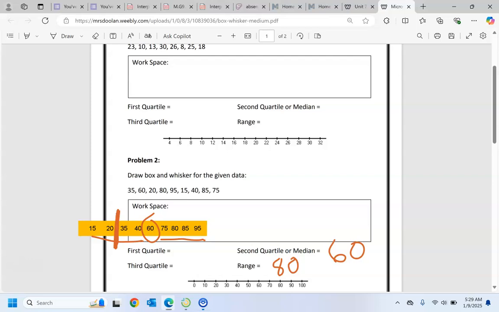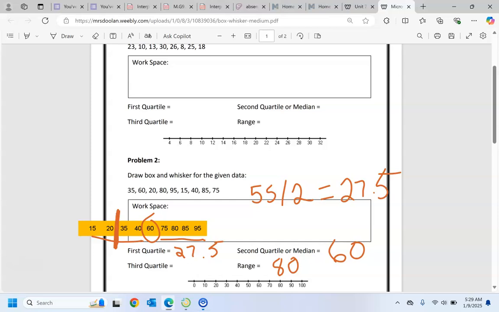So I'm going to add these two together. And when I do that, I get 20 plus 35 is 55, right? And then if I take half of 55, I get 27.5, okay? So that's going to be my Q1, all right?